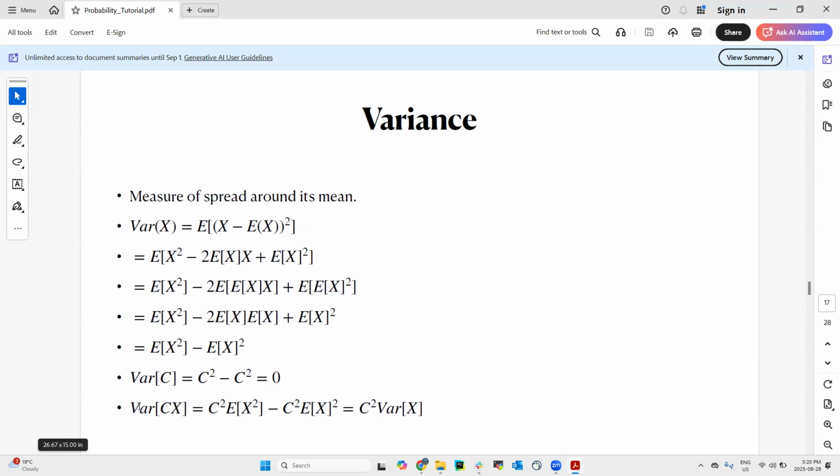The other very important thing you need to know is that the variance of cX is equal to c squared times the variance of X. So unlike the expected value, variance is not linear. If you multiply by a scalar, the whole thing will not be multiplied by that scalar. It will be multiplied by the square of that constant value.